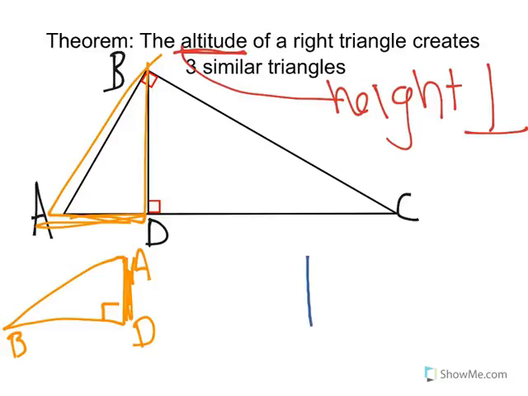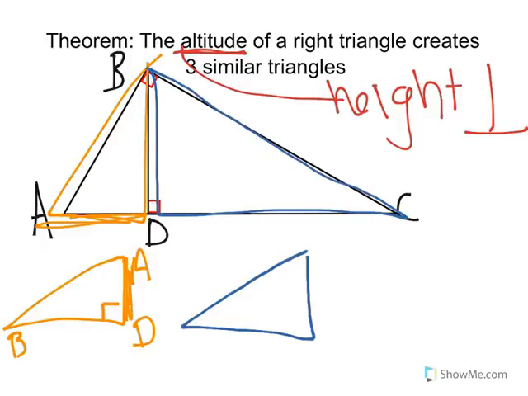So the next triangle, we can do this one. And that one's almost already facing that way, we just kind of have to flip it the other way. So this would be D, this is B, and then this is C.